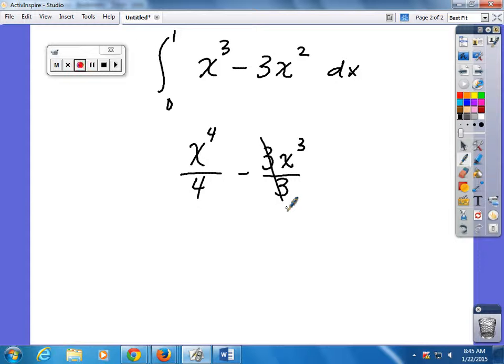So our final evaluation is x to the 4th over 4 minus x cubed evaluated at 0 and 1.